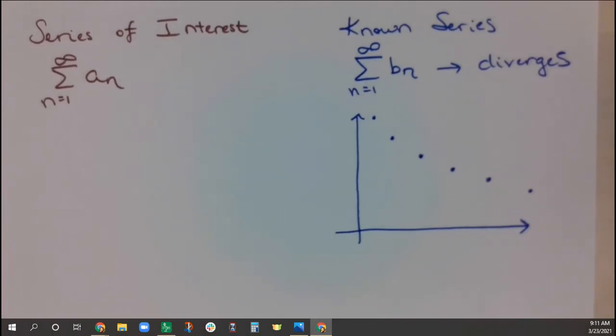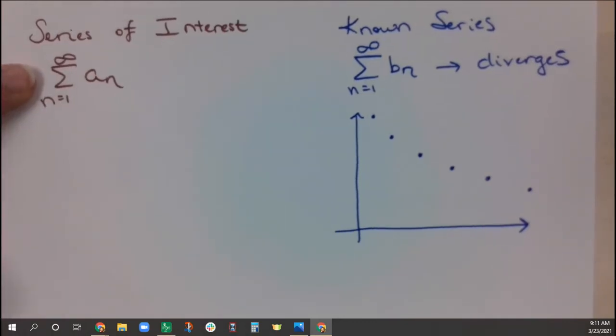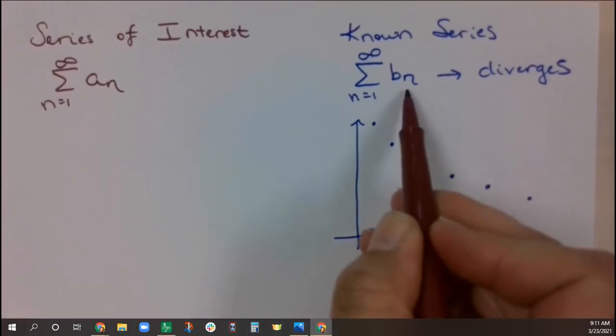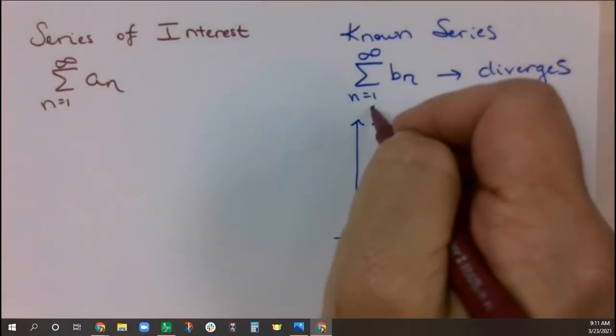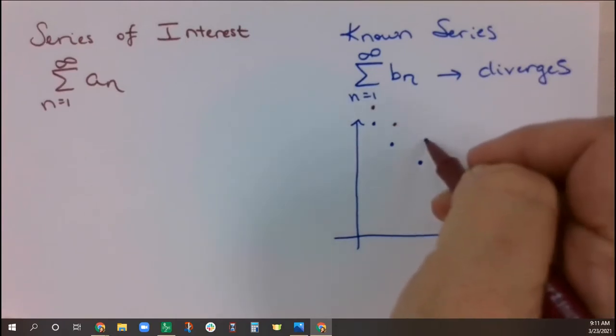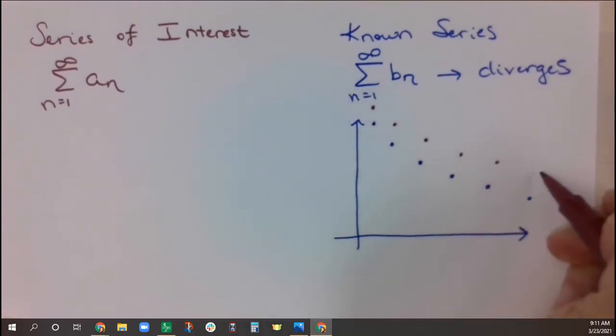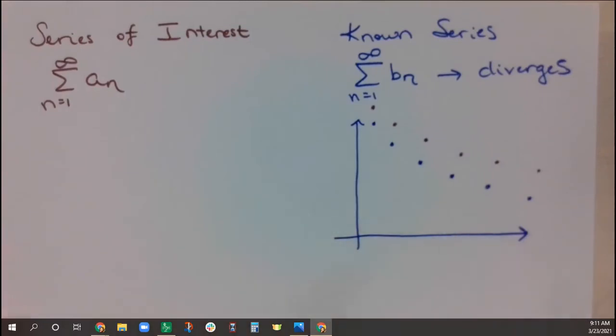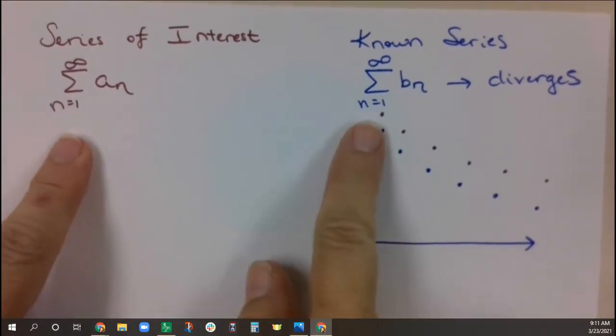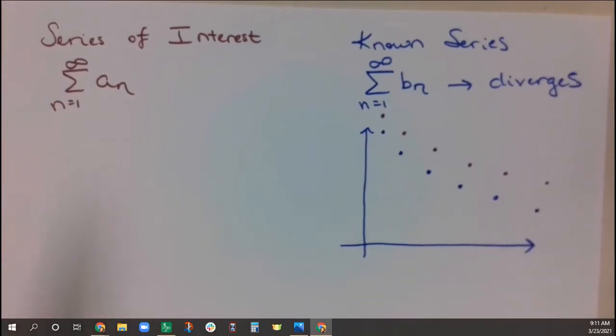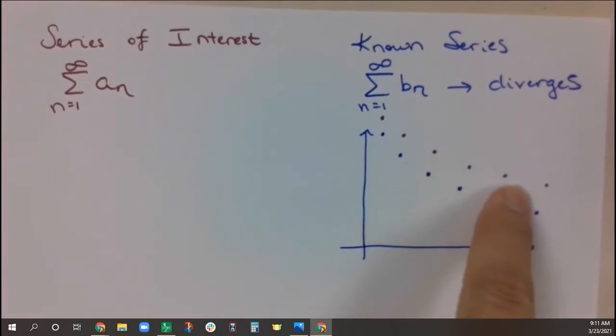In this case, if the terms of my A sub n series are greater than this series, so maybe they look something like this, well, if the B sub n series approaches 0 too slowly, this series that's greater than that also approaches 0 too slowly. In fact, even slower than our B sub n series because it's greater. It's further away from 0.